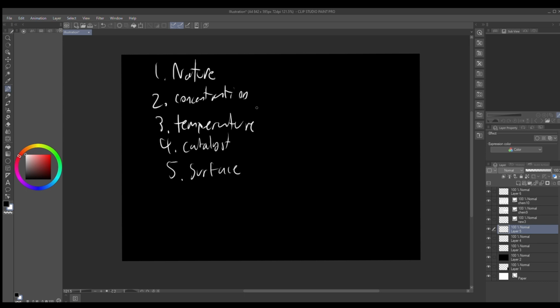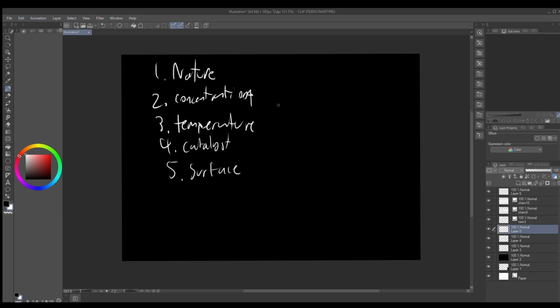And so the chemical nature of reactants, we could kind of think of them as, if you remember the activity series of metals, that's an example of how nature affects chemical reaction rates. Concentration, if the initial concentration of a reactant is increased, the reaction rate will also increase generally.